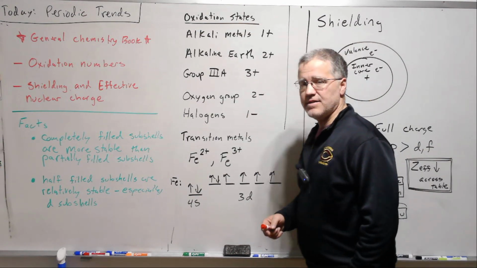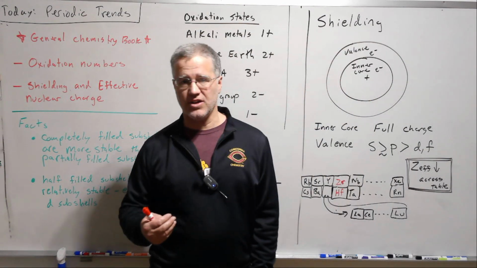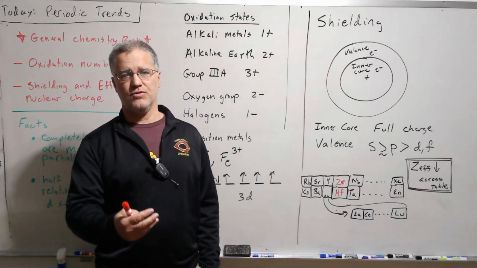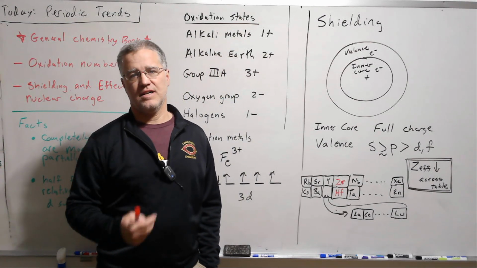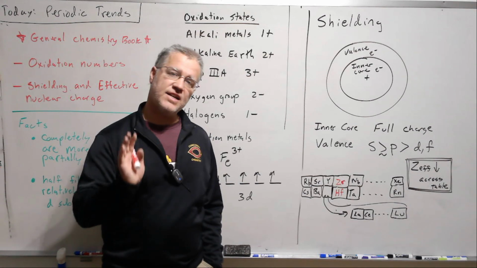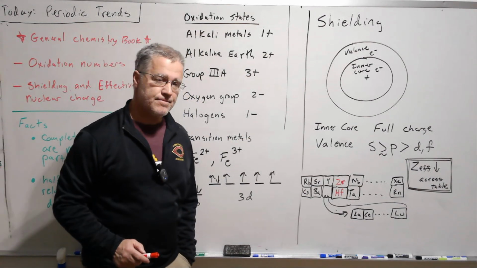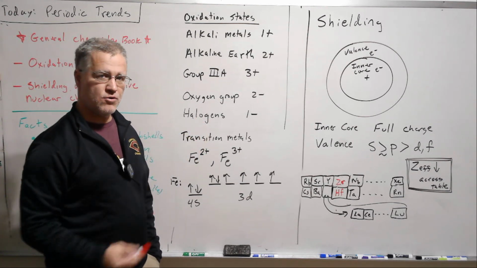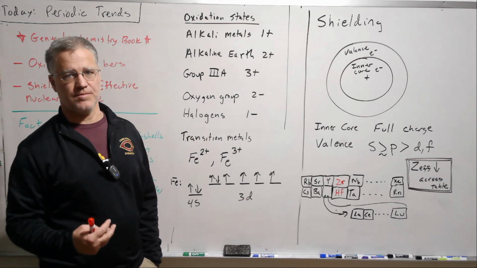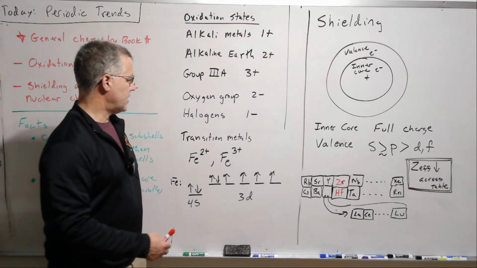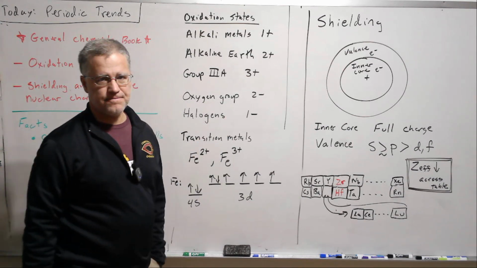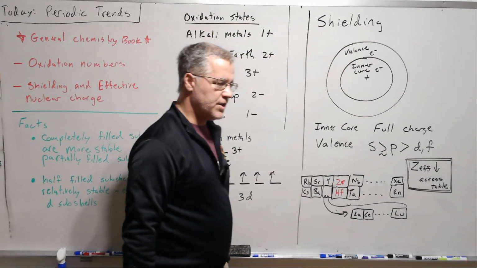Oxygen group will tend to pick up 2 electrons. If it picks up 2 electrons, it gets a 2- oxidation state, and then we will end up with the noble gas configuration. Halogens, just one column over from the noble gas, it's very easy for them to pick up an electron and become negative. So those are pretty straightforward.